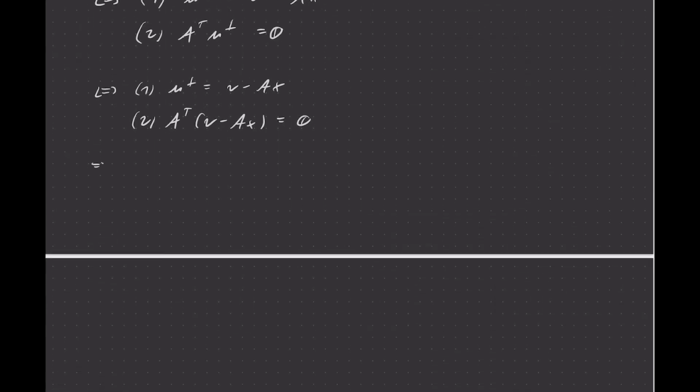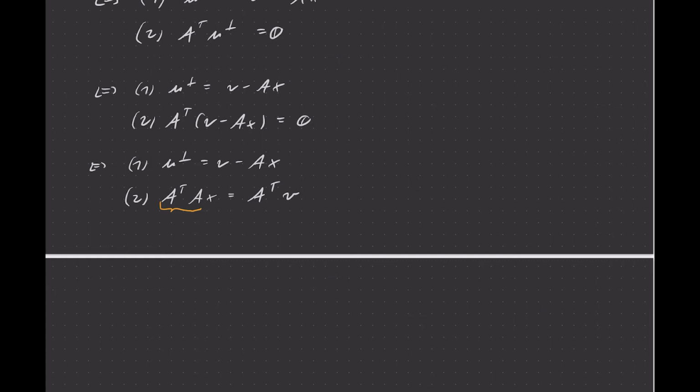Or in other words, we can simplify that a little. The first one stays as it is. The second one becomes A transposed A x equals A transposed v. So here we have a matrix. Remember, A has n rows and k columns, right?